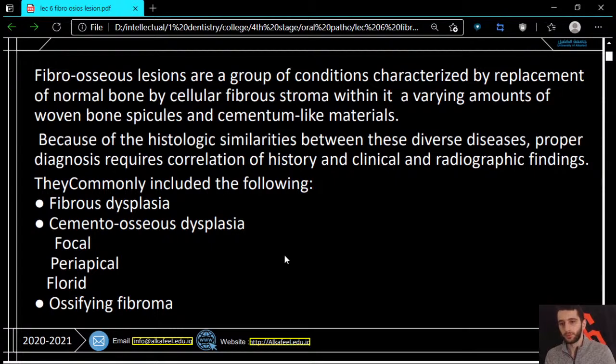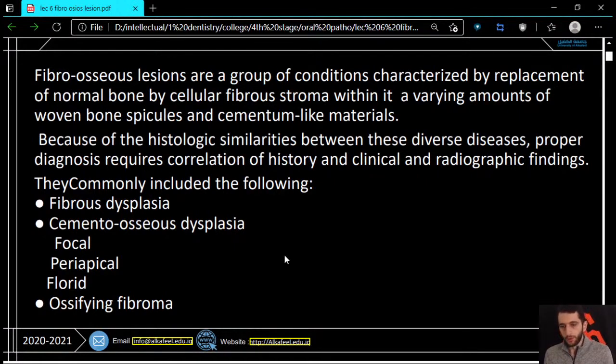Proper diagnosis requires correlation of history and clinical findings. That's why fibrous dysplasia will be shown in the next slide, one of the most important slides in this lecture.